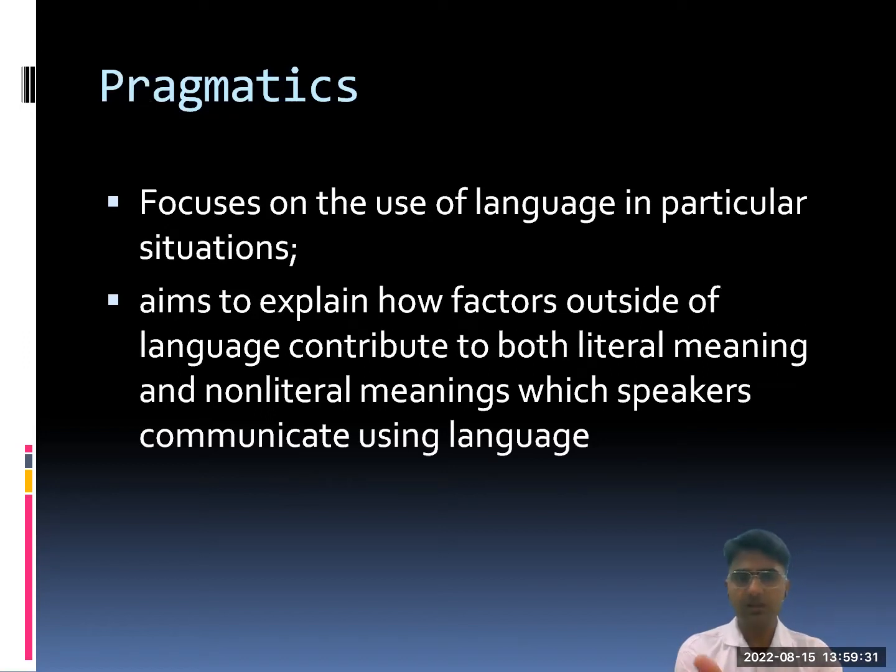If we have a look at the definition and key points of pragmatics, this part focuses on the use of language in particular situations, and it aims to explain how factors outside of language contribute to both literal meaning and non-literal meaning, which speakers communicate using a language.